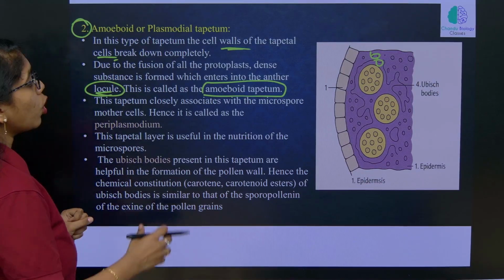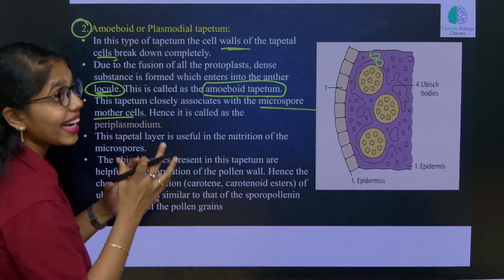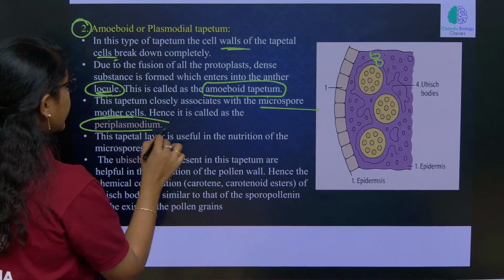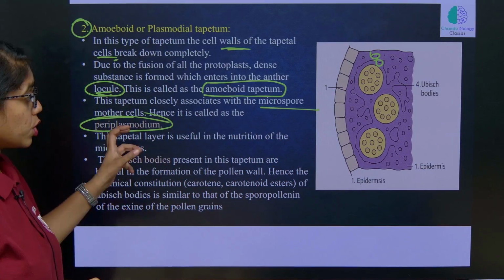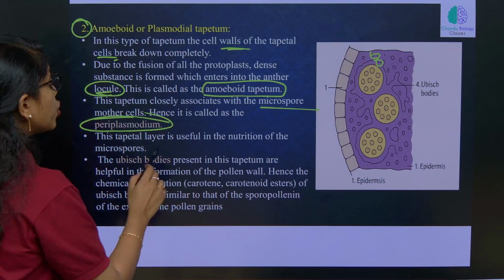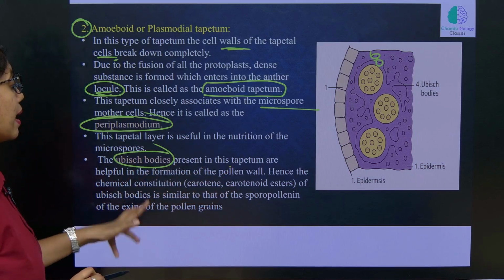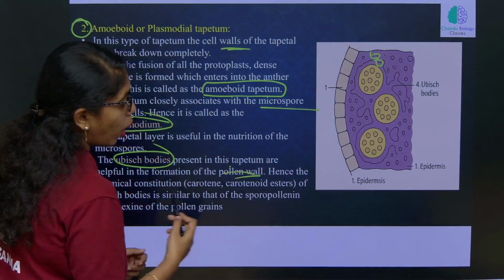This tapetum closely associates with microspore mother cells, and hence it is called periplasmodium. The major important function is that Ubisch bodies, which are present in this tapetum, are helpful in the formation of pollen walls.